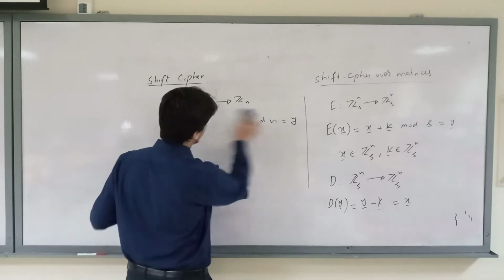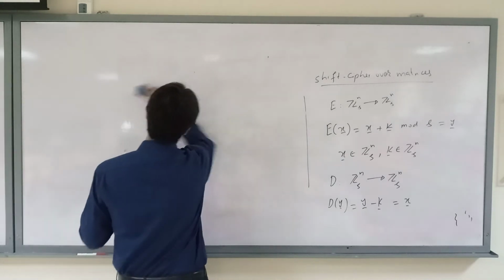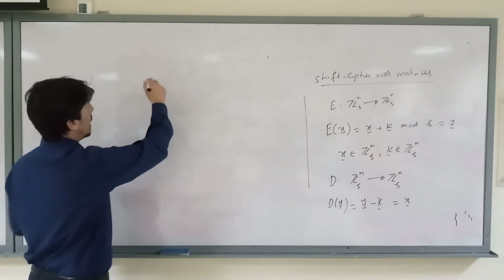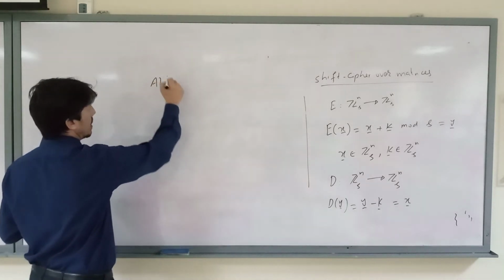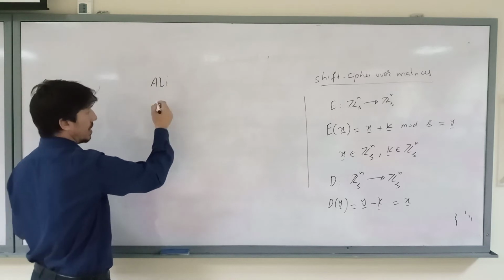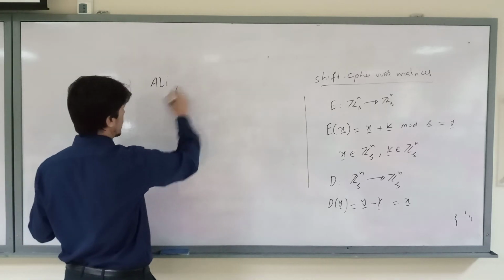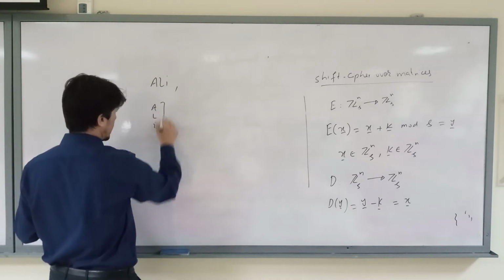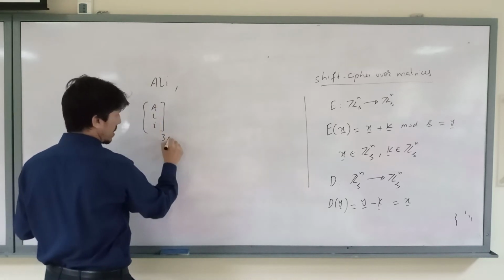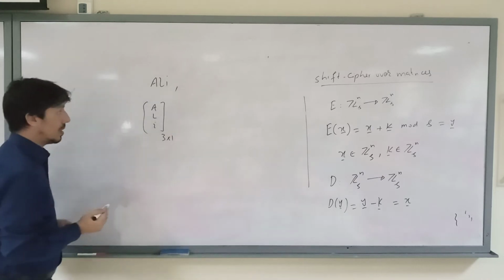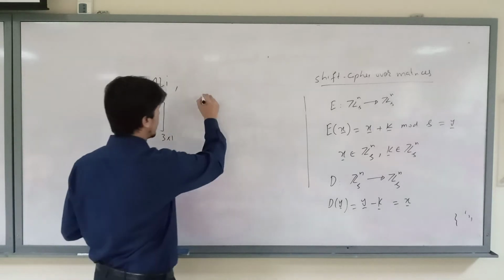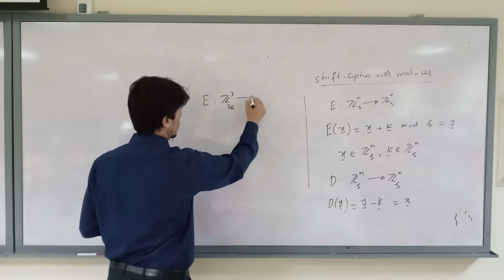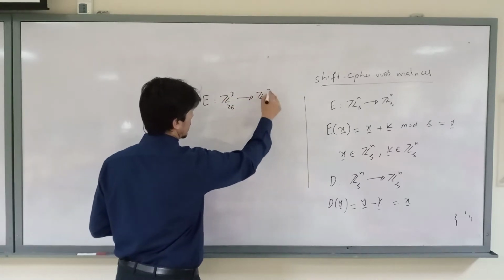Let me do an example. I take as input the word Ali as a 3 cross 1 column vector. You can see the encryption function over here is from Z26^3 to Z26^3.